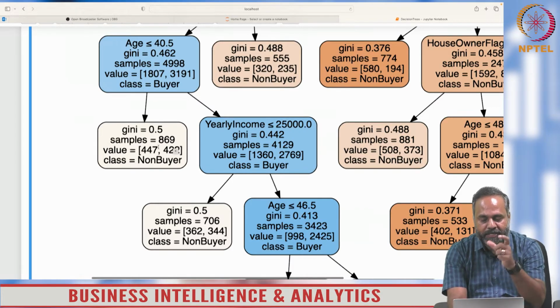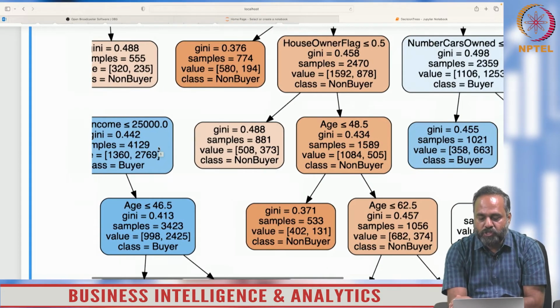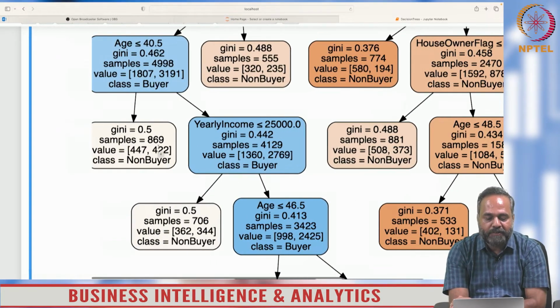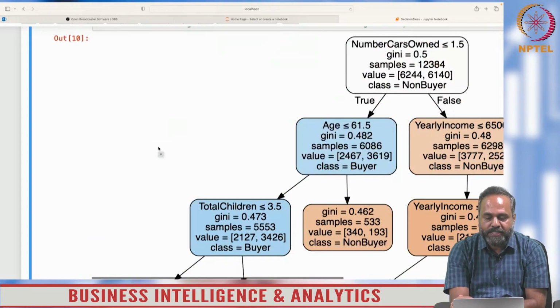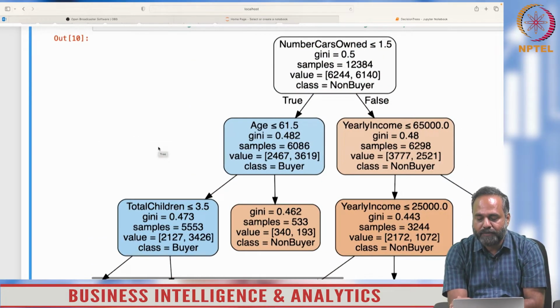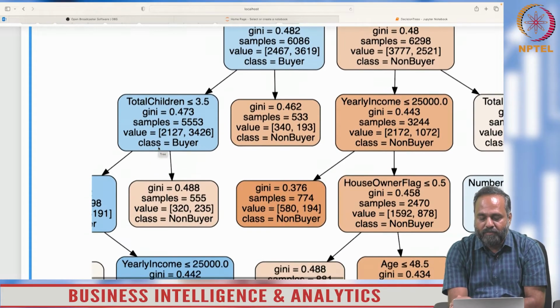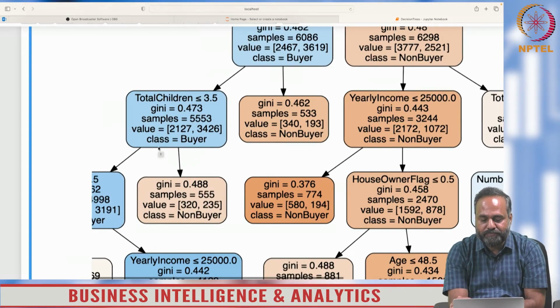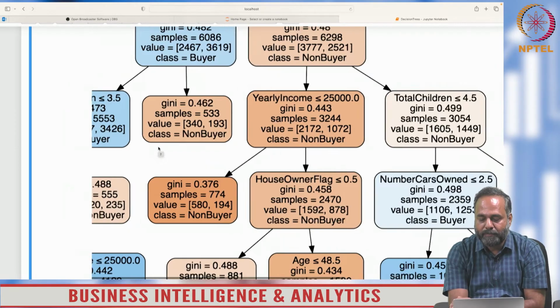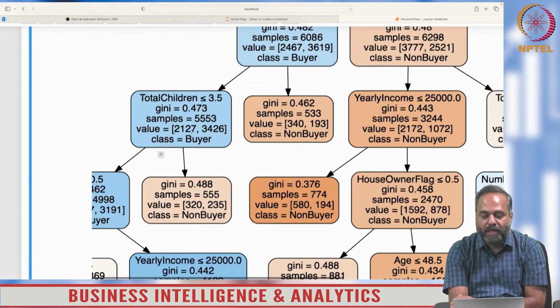We have given that criteria, 800 and 500, so that is always kept. It also colors the different nodes. What is the color scheme based on? What does a deep blue indicate here? Class is buyer.